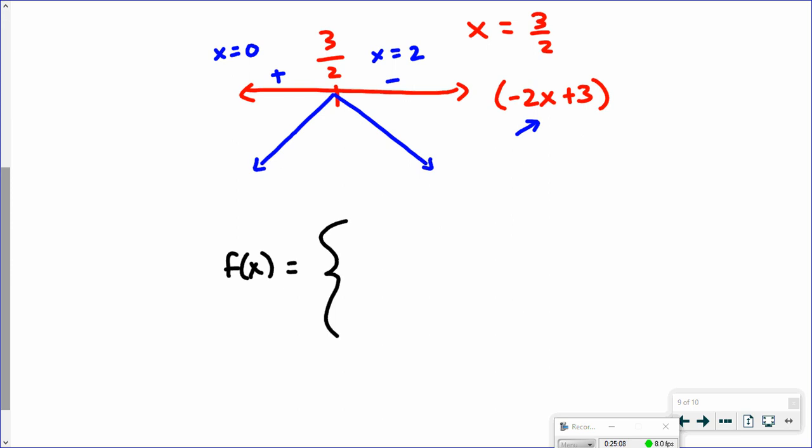All right, so let's do our inequality part first. I'm positive here to the left of 3 halves. So that's x less than 3 halves. Okay, less than or equal to. In the positive case, we usually put the equal to part too. It doesn't really matter though.